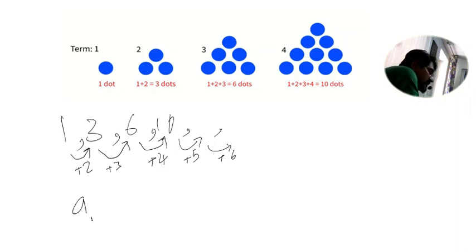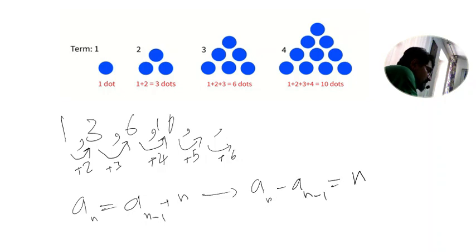That is an is an minus 1 plus n. That is an minus an minus 1 is equal to n. We can say the triangular number sequence is a recursive sequence.